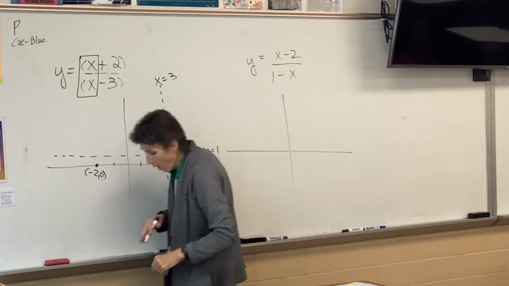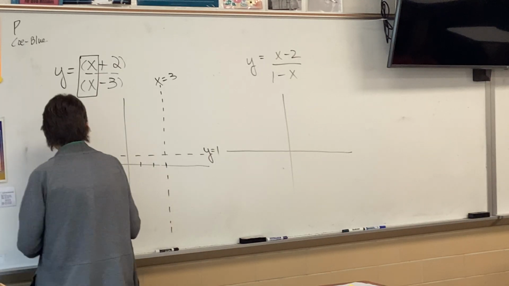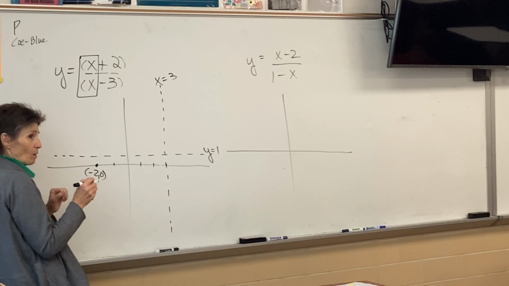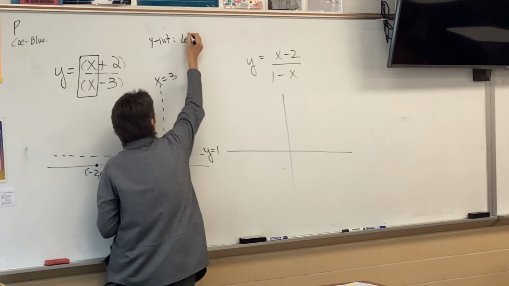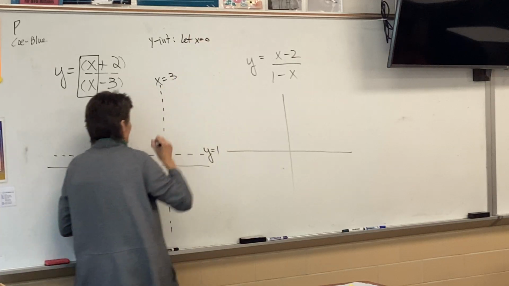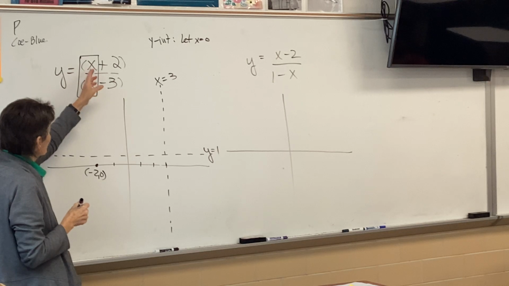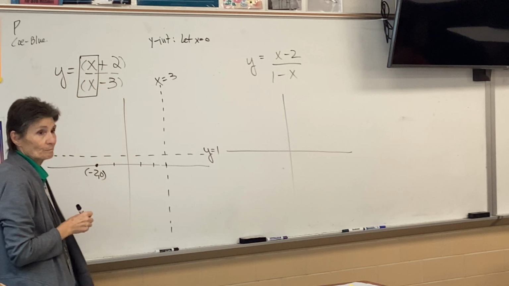And then my y-intercept comes from letting x be 0. So to get our y-intercept, we're going to let x be 0. So what happens in my problem if I put in zeros for x? What do I get?